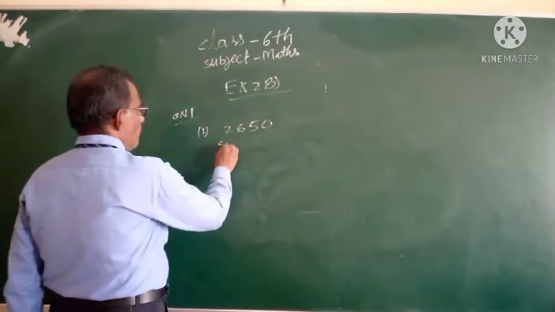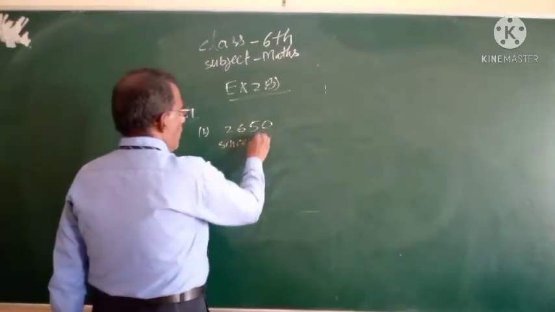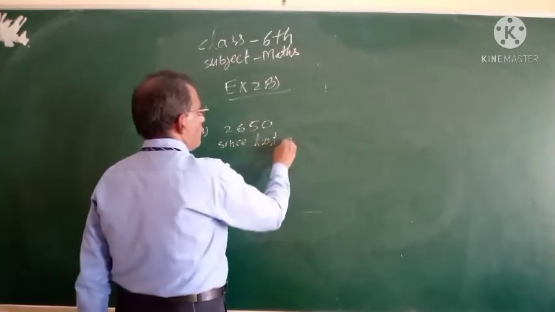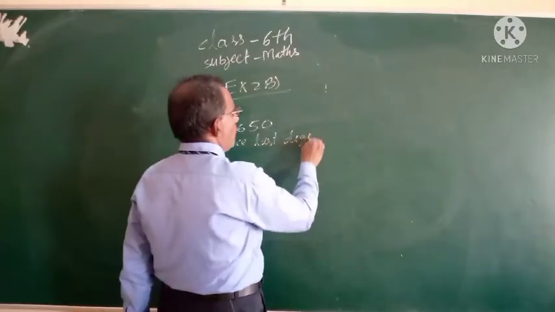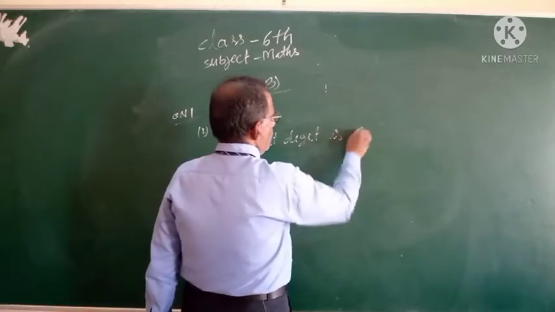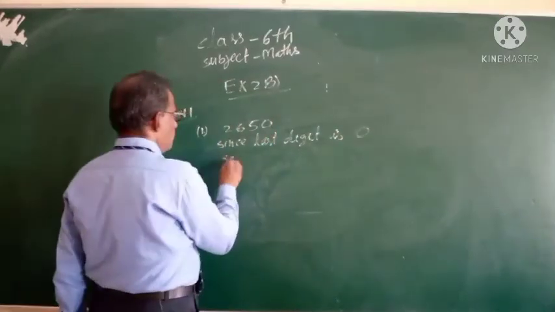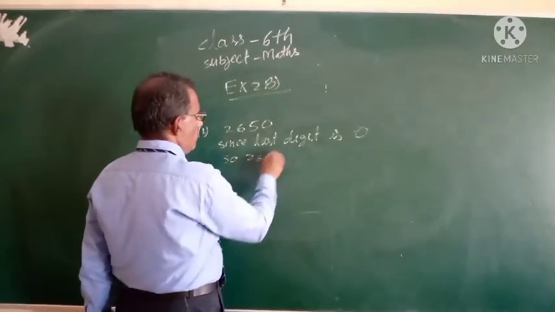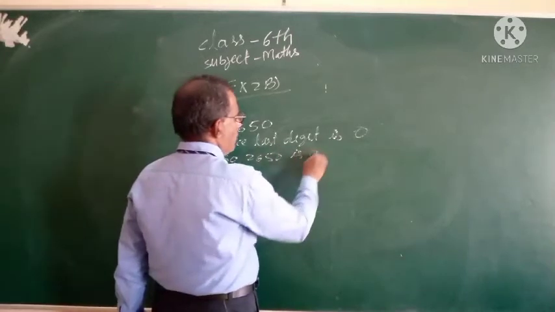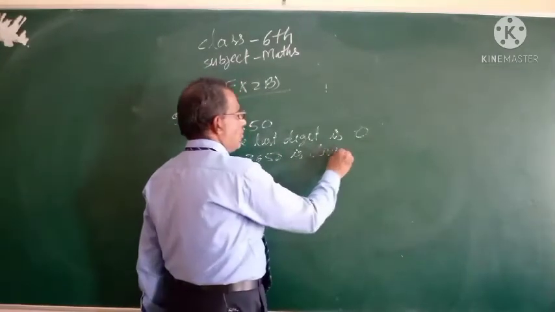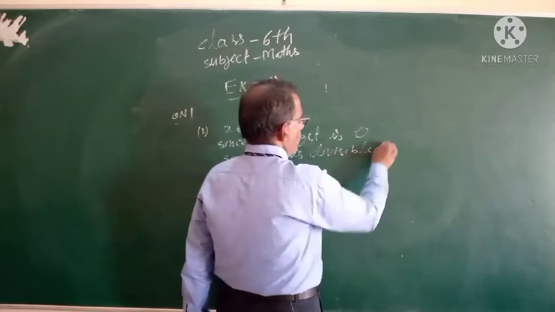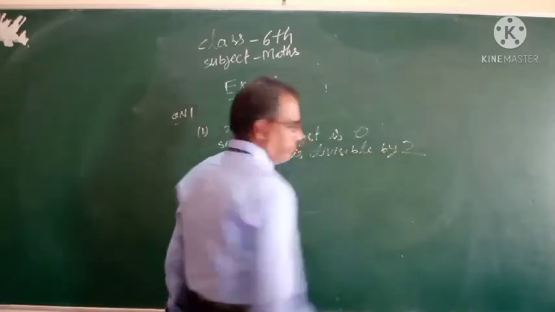Since the last digit is 0, 2650 is divisible by 2.